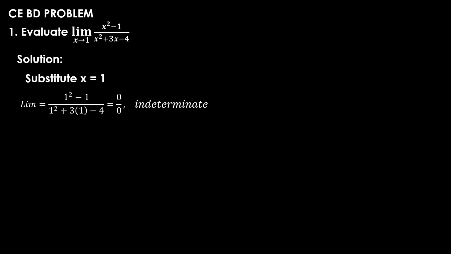As we can see in our computation, if we substitute the value of x, which is equal to 1, the result in our numerator is 0, and the result in our denominator is also 0. Having a result like this, 0 over 0, we call it indeterminate.